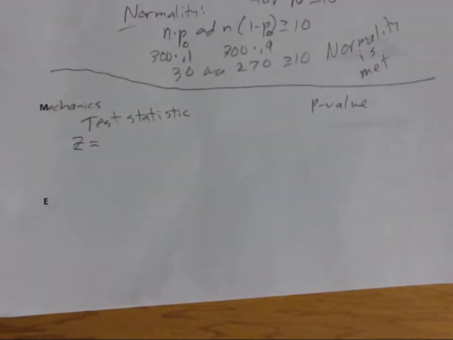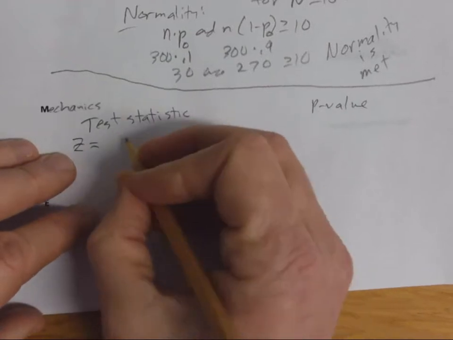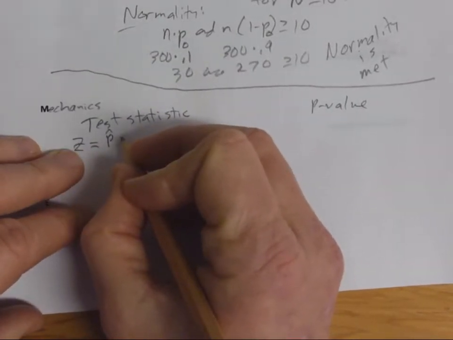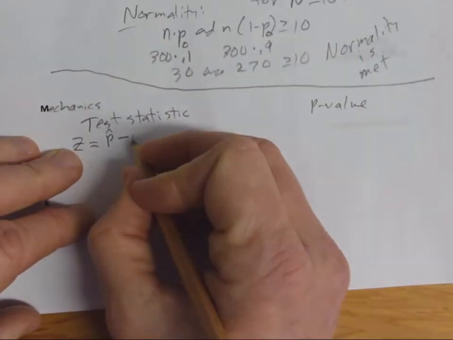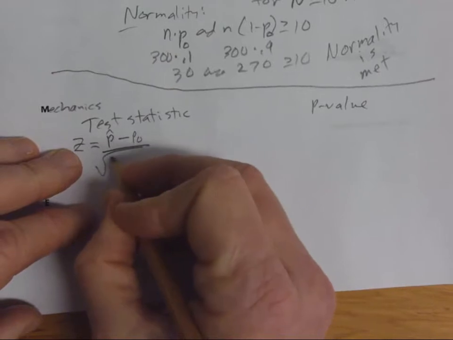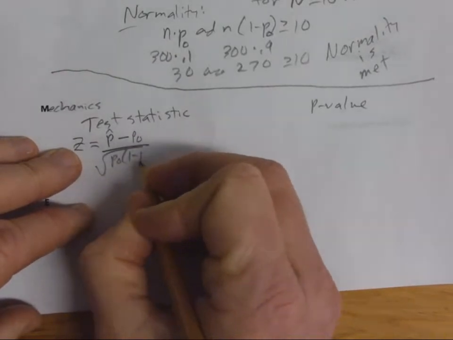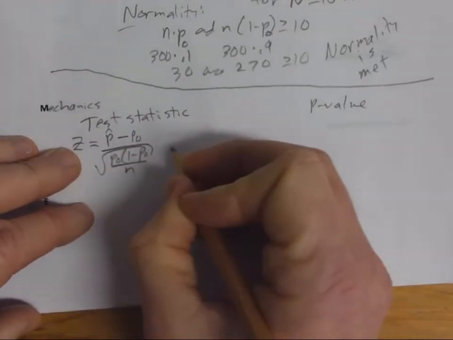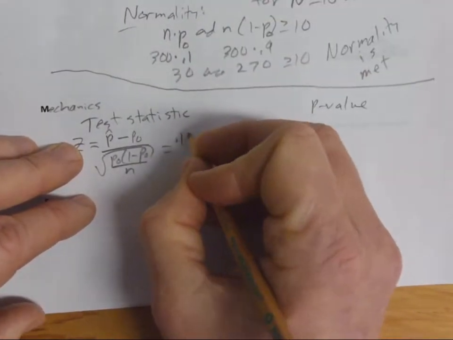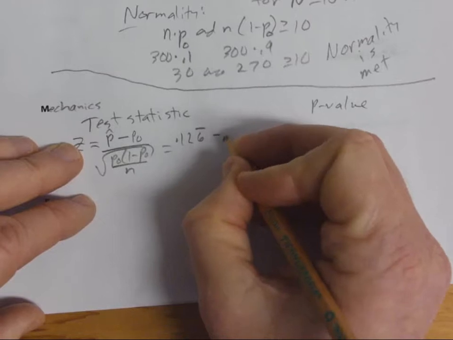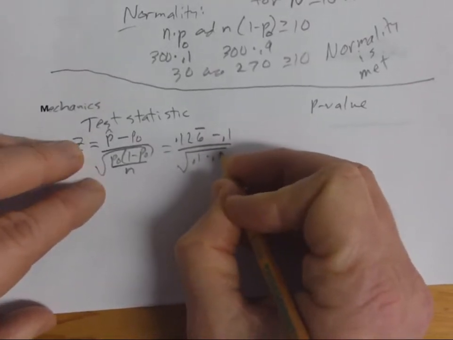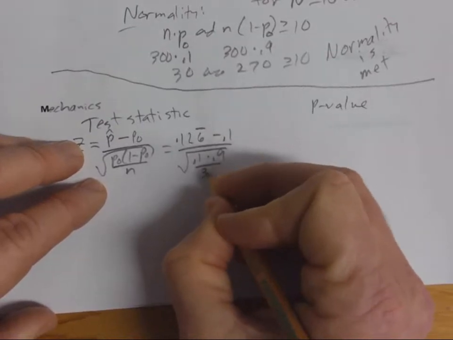So our z-test statistic is going to be p-hat, our statistic, minus p naught, the hypothesized value, over the square root of p naught times 1 minus p naught over n. In this case, that would be 0.126 repeating minus 0.1, over the square root of 0.1 times 0.9, which is 1 minus that, over 300.